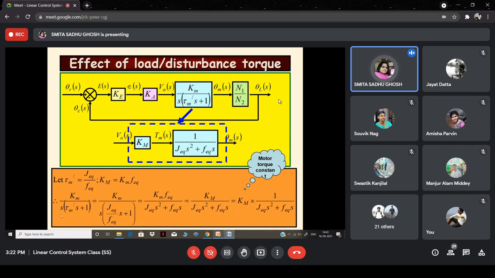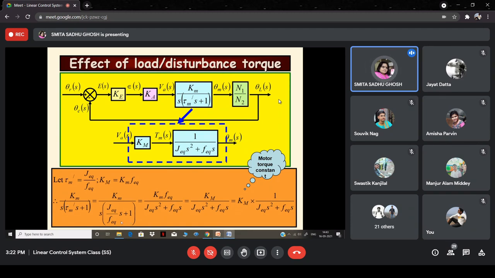So Km by S tau m prime S plus 1 has been written as Km by S into, now tau m prime has been written in terms of the equivalent J and the equivalent F. Here the notation is given with EQ, meaning equivalent, right? So basically tau m prime is J equivalent by F equivalent, written over here into S plus 1.